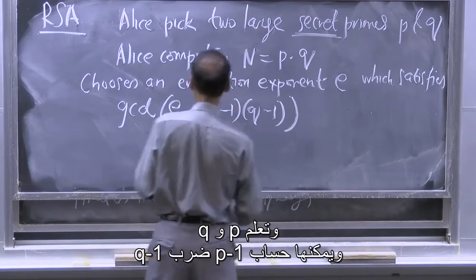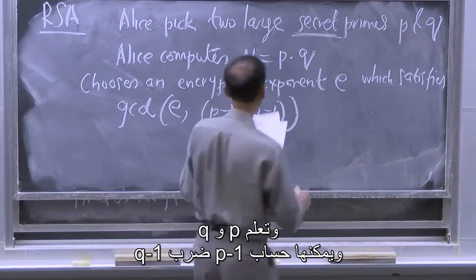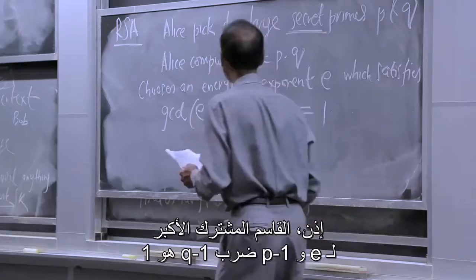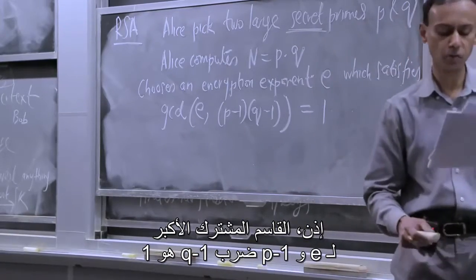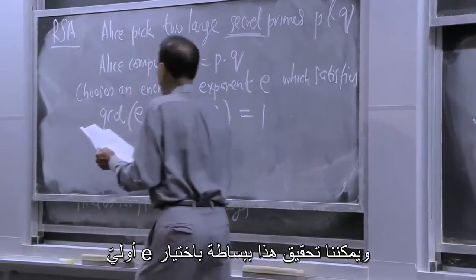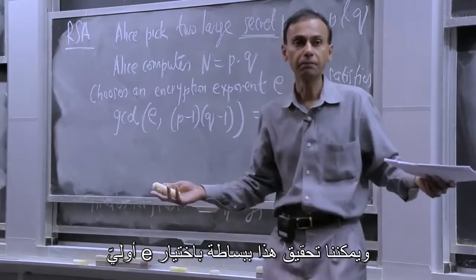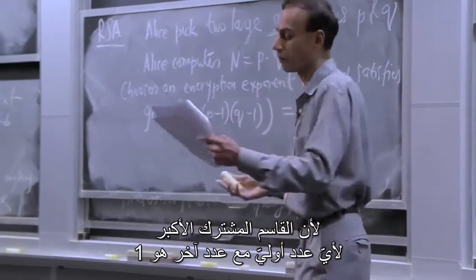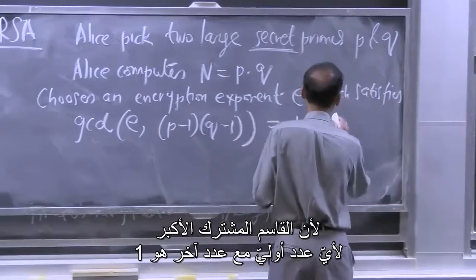And she knows p and q, so she can compute p minus 1 times q minus 1. So the GCD of E and (p minus 1)(q minus 1) is 1. And you can certainly accomplish this simply by choosing E to be a prime, right? Because then the GCD of a prime with anything else is 1.